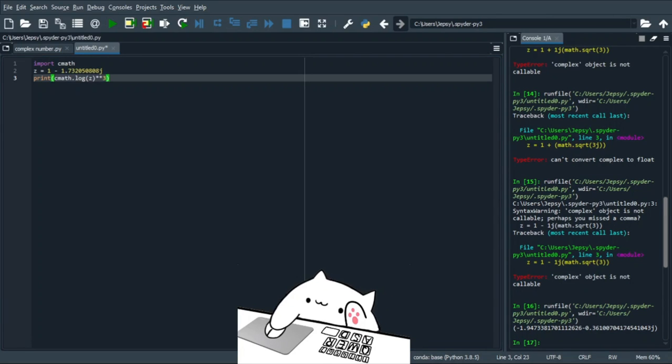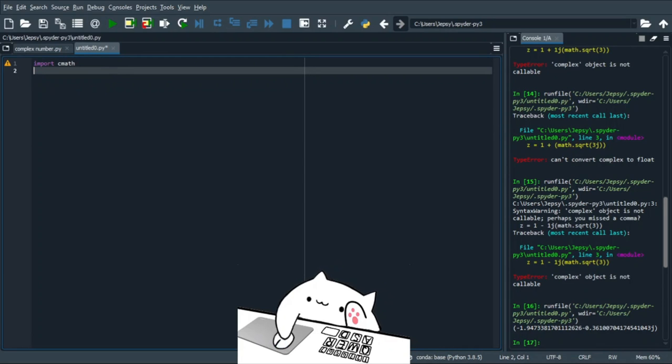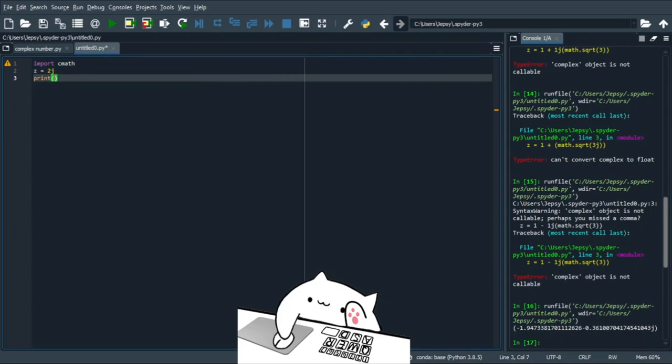So next we come to evaluate the log of base j of j2. So we have a log with a base. We have z equal to 2j and print cmath.log here.